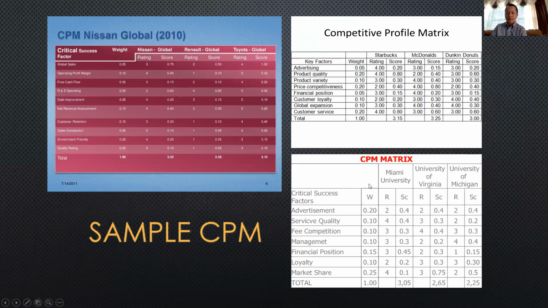So here we have a CPM matrix for a university. You've got Miami, University of Virginia, and University of Michigan, and you can select some of those factors, and then you just do your rating, do the calculation, and you get the total down here at the bottom. So very simple to do.